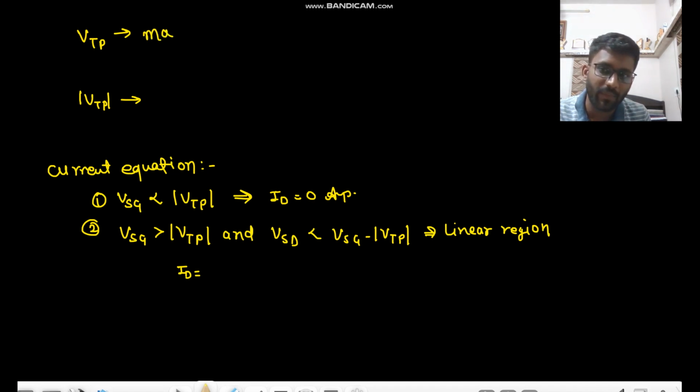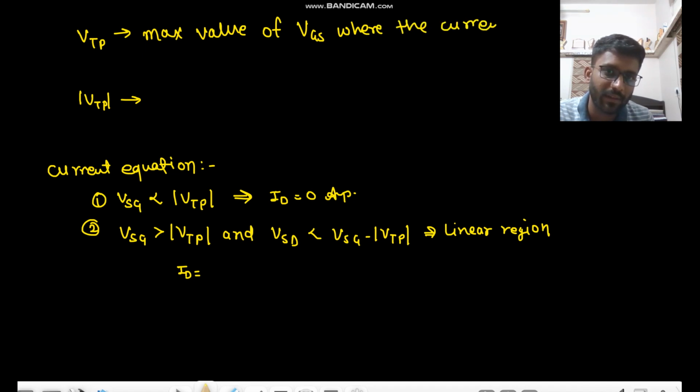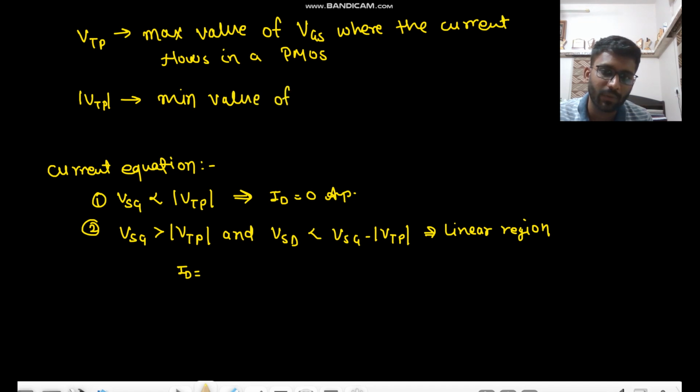VTP is the maximum value of VGS where the current flows in a PMOS, and mod of VTP is the minimum value of VSG where the current flows.